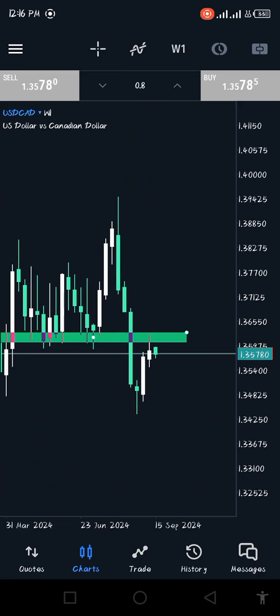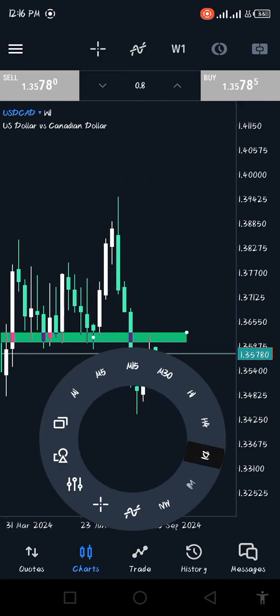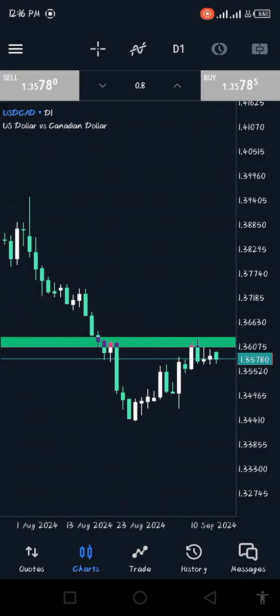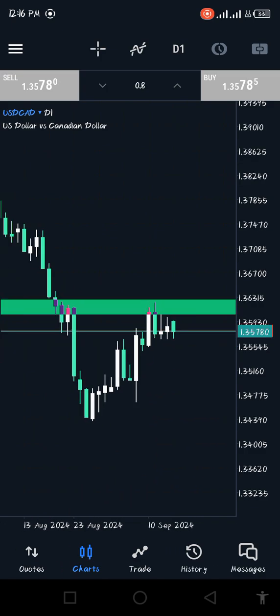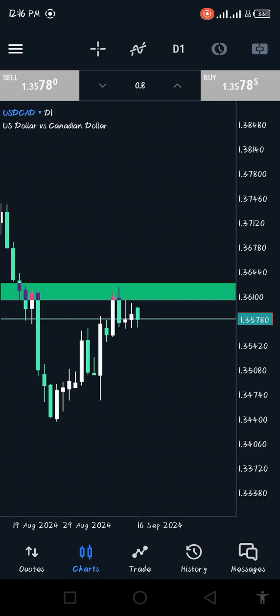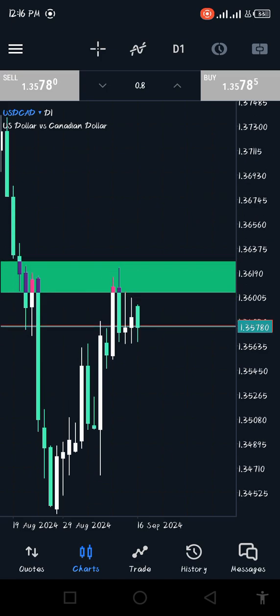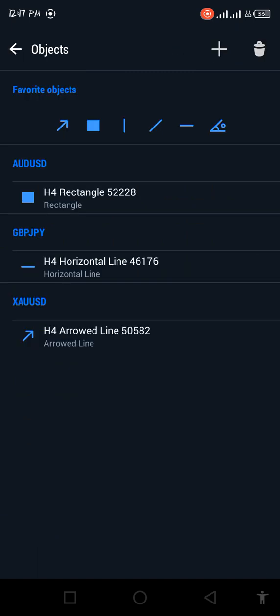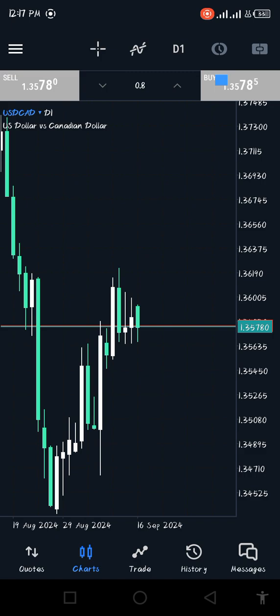So with that fully said, we can move to the daily time frame to do what we call refining in the lower time frame. We refine this major zone in the lower time frame, guys.